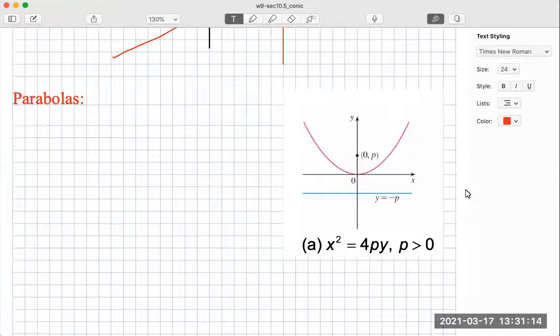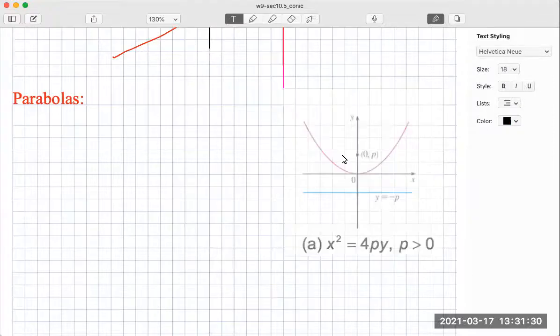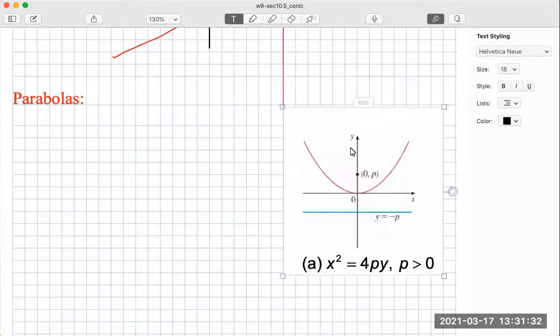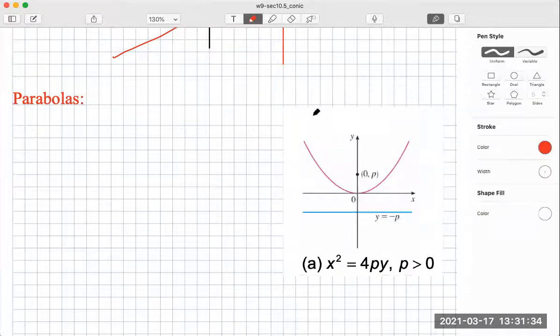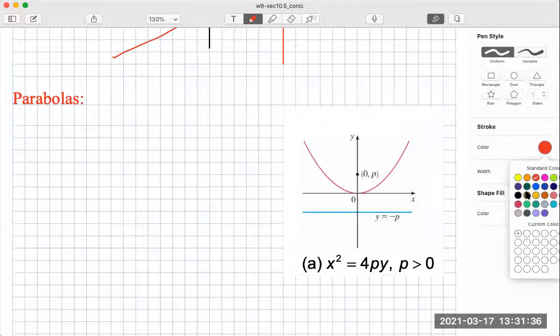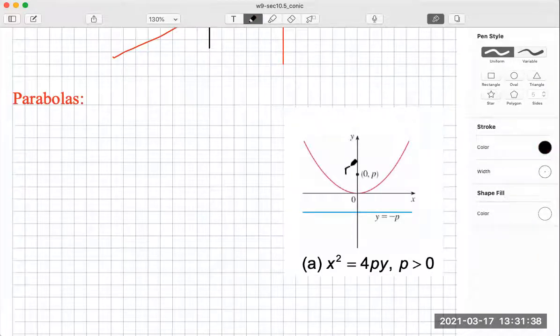The graph of a parabola is a collection of points that have the same distance from a point to this line here. We call that point the focus, and let us name it as the focus F. Right.